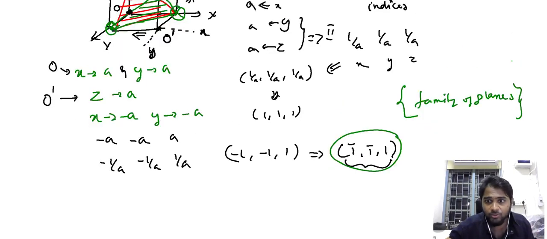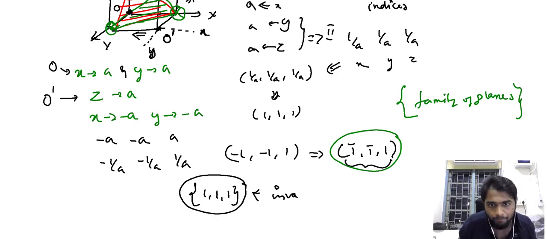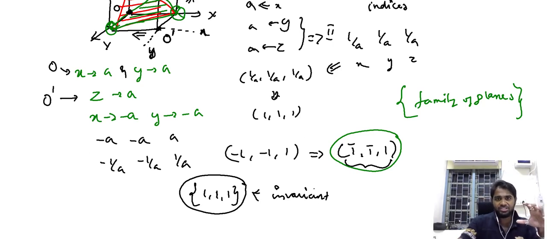Now, when you consider all the planes that are equivalent to 1, 1, 1, for instance, this family of planes is invariant to the coordinate system.